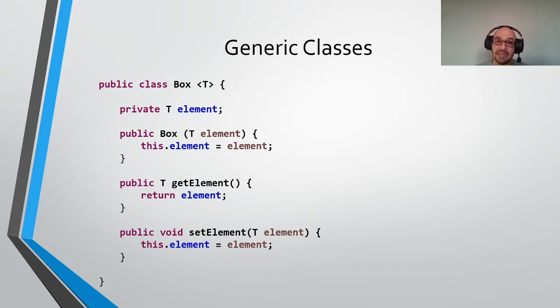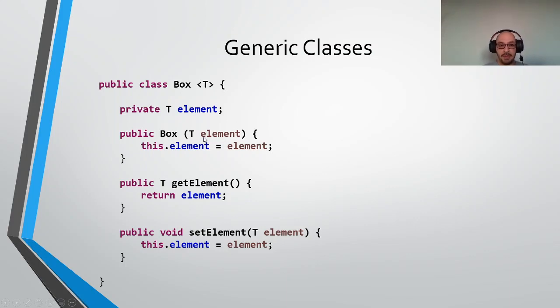No, it could be any letter, but by convention, it's normally a capital letter. So it could be T, E, S, whatever letter you want in there. I'm just saying that the attribute element is of the type T. And that type T could be anything that gets assigned when the class is instantiated.